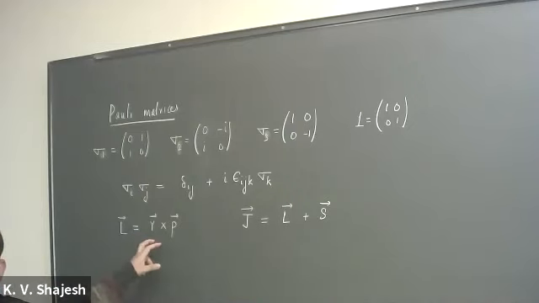Using this definition. But it turns out for electrons and protons, for many of the particles, even in the rest frame, they have an angular momentum. Okay, that's an experimental fact. So one concludes that that is a quantum feature.